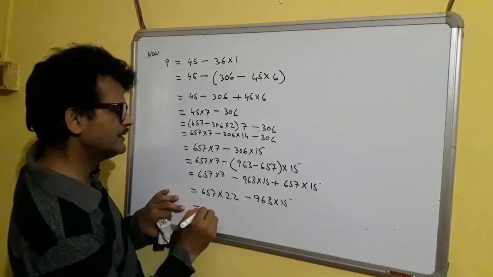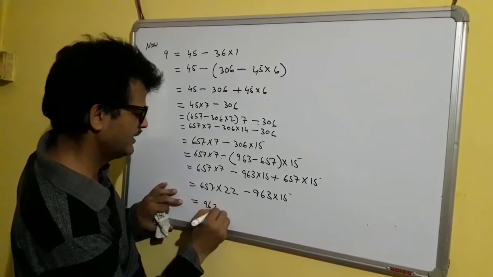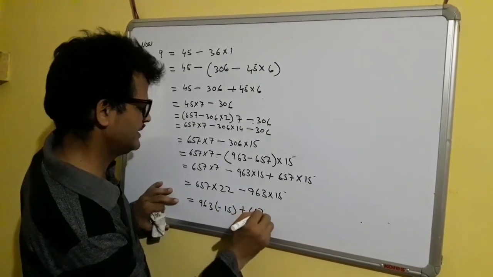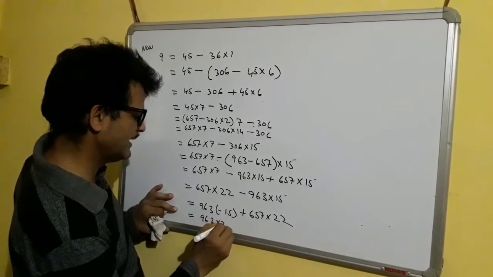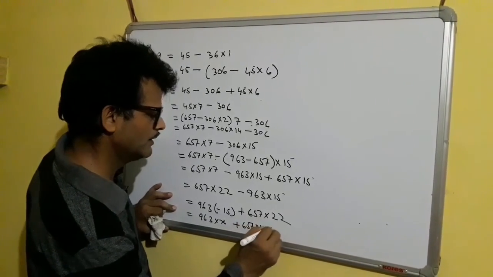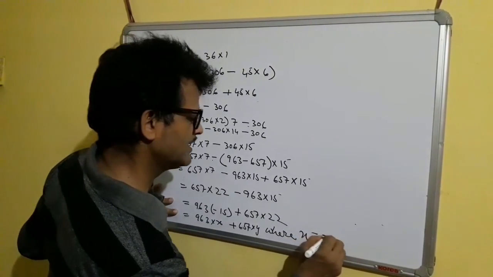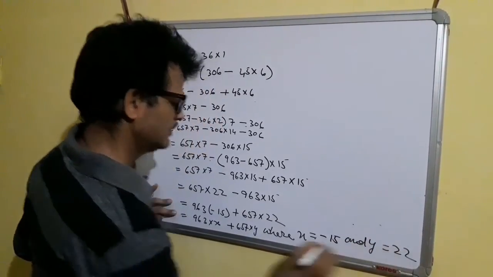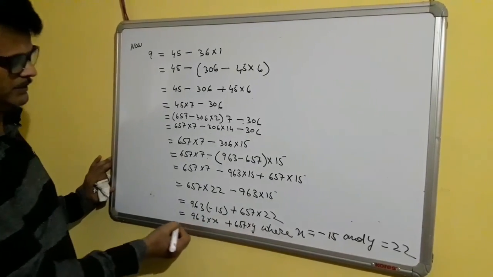Or you can write like this, taking this term as the first term, 963 into minus 15 plus 657 into 22 is equal to 963 into x plus 657 into y, where x is equal to minus 15 and y is equal to 22. So this is in the linear form of two variables x and y.